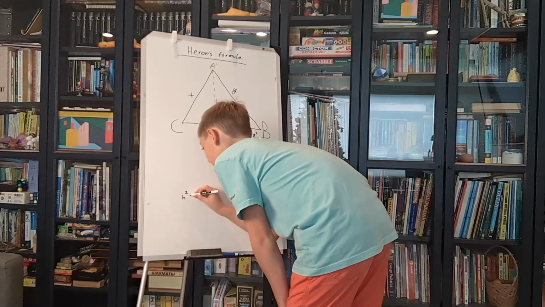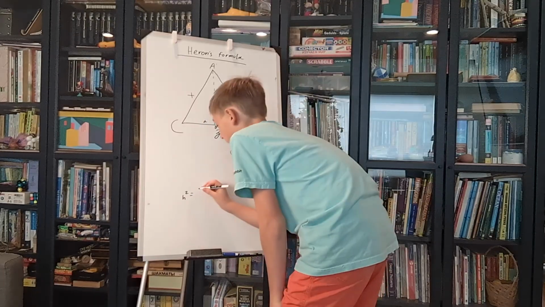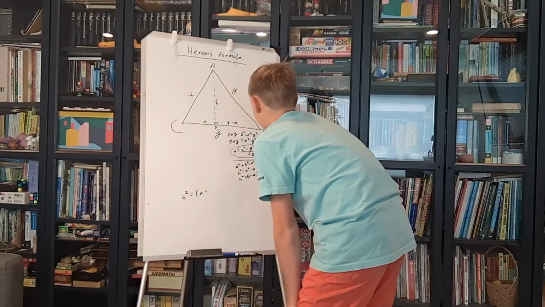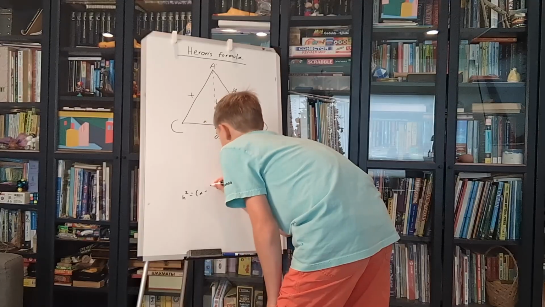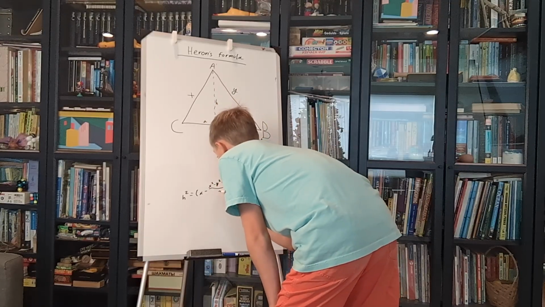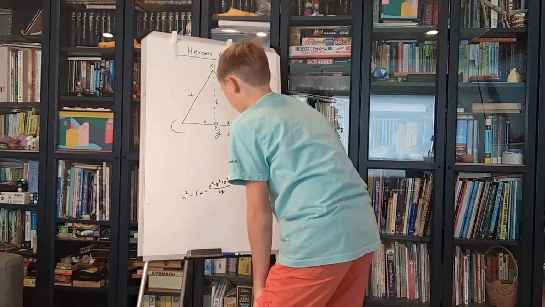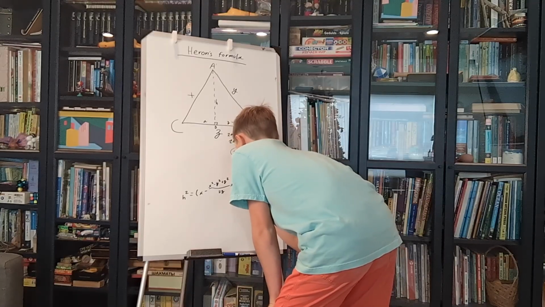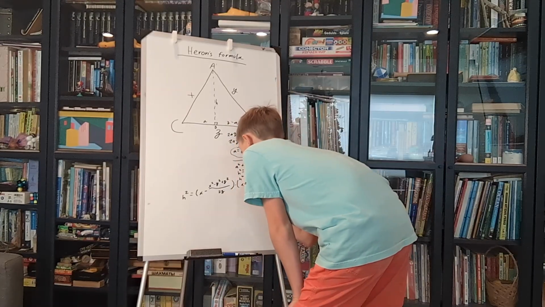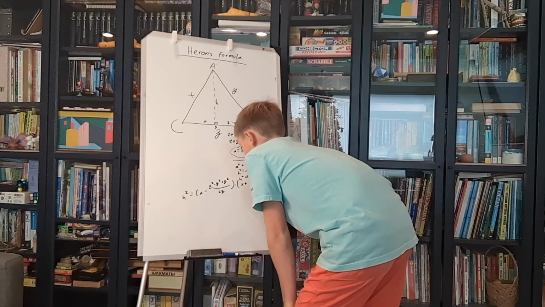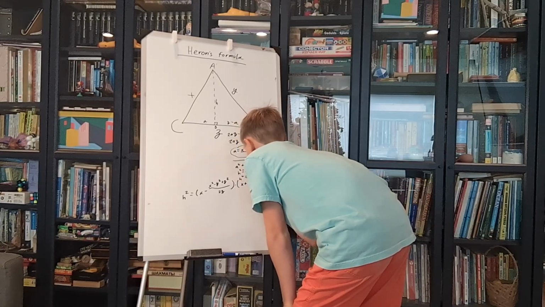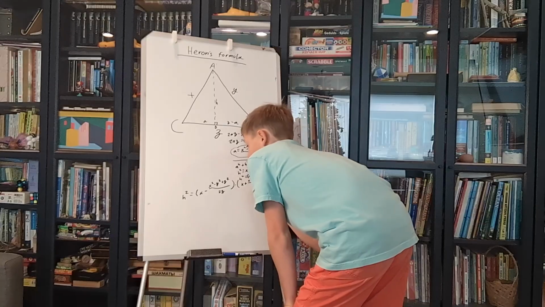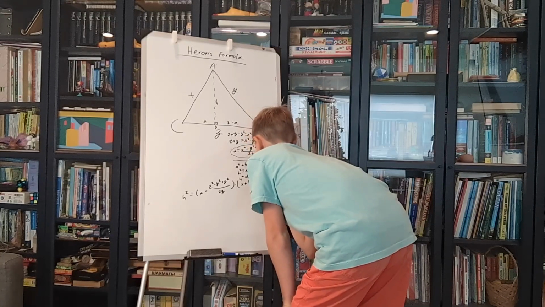H squared equals X minus, we put in X squared minus Y squared plus Z squared over 2Z, and all this times X plus X squared minus Y squared plus Z squared over 2Z.